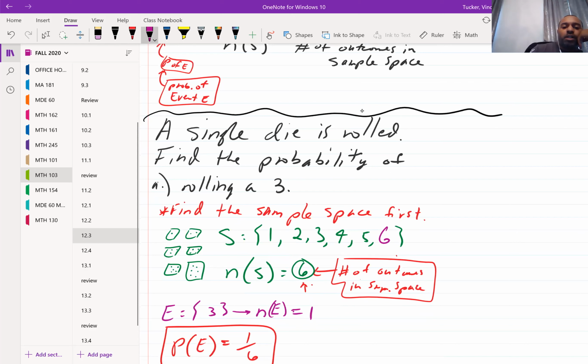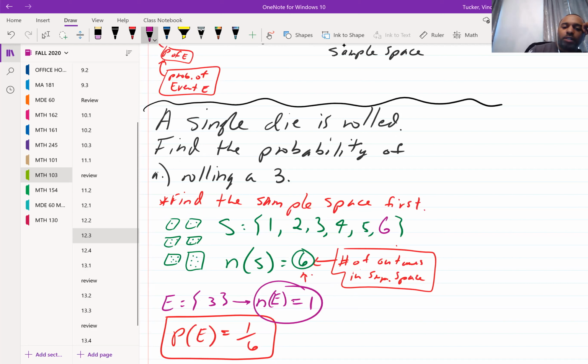Now the number of outcomes in my event is 1 because we want to know the probability of rolling a 3. There's only one 3 on the die. And so we take the number of our event, place it over the number of our sample space.